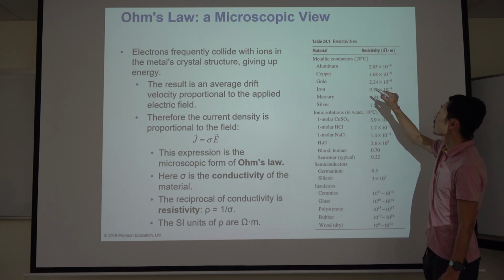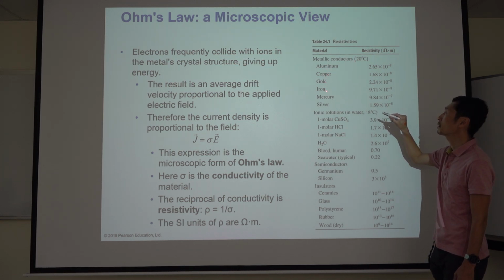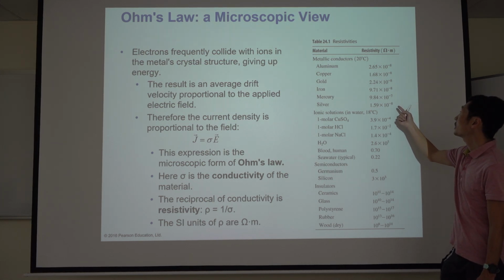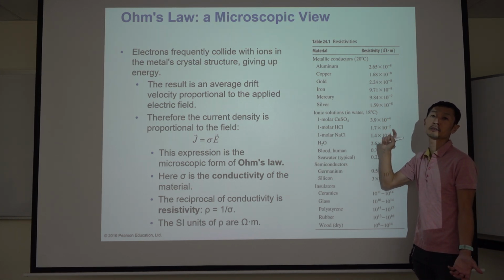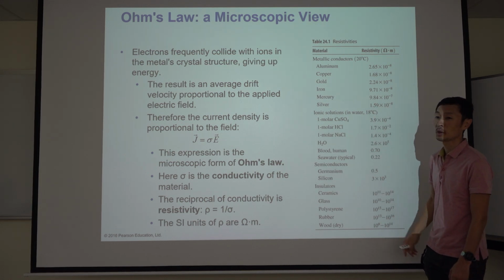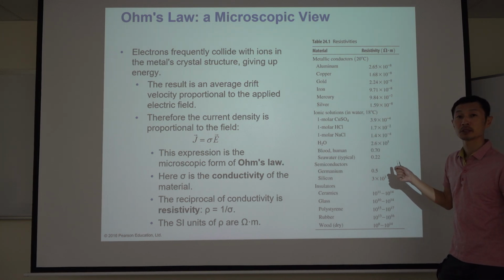Let's look at some metallic conductors, something like aluminum, copper, gold, iron, mercury, silver. As you can see, resistivity is very low because they have free electrons that are free to move. So resistivity is very, very small. This is why we use those copper lines for the circuit, right?